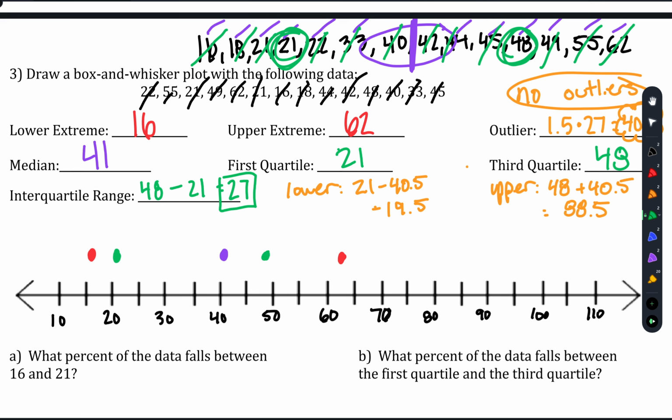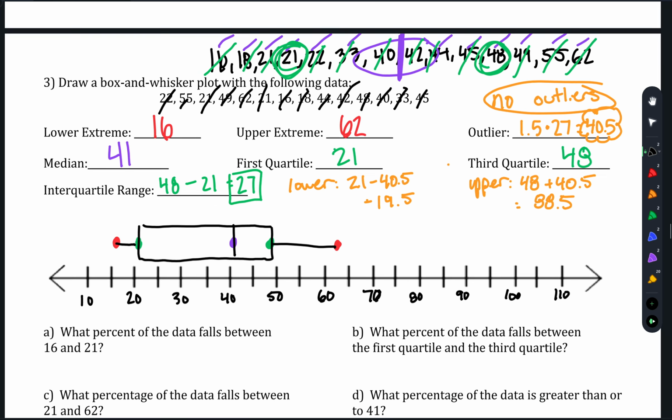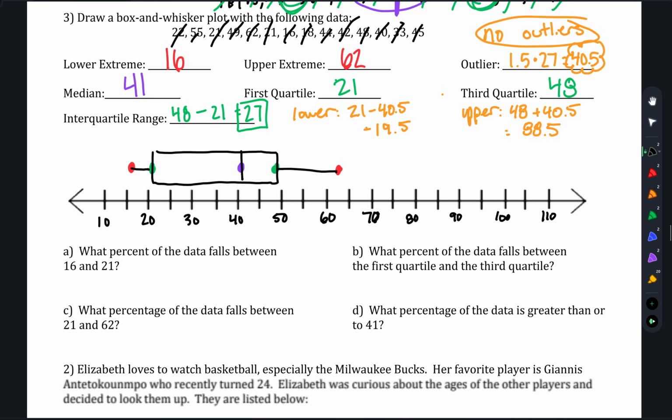Let's say that's here. Now with my 5 numbers plotted, I'm going to draw the box. I'm going to draw a line through the median, and I'm going to draw the whiskers. Any questions on that?